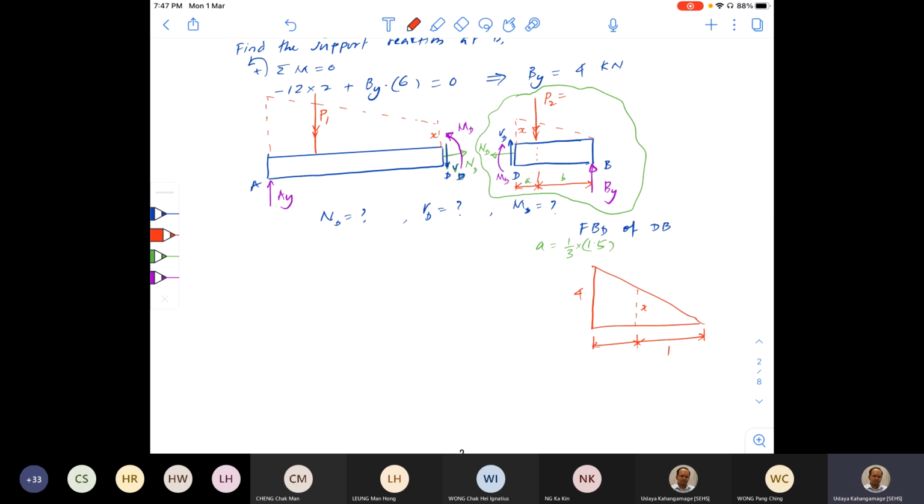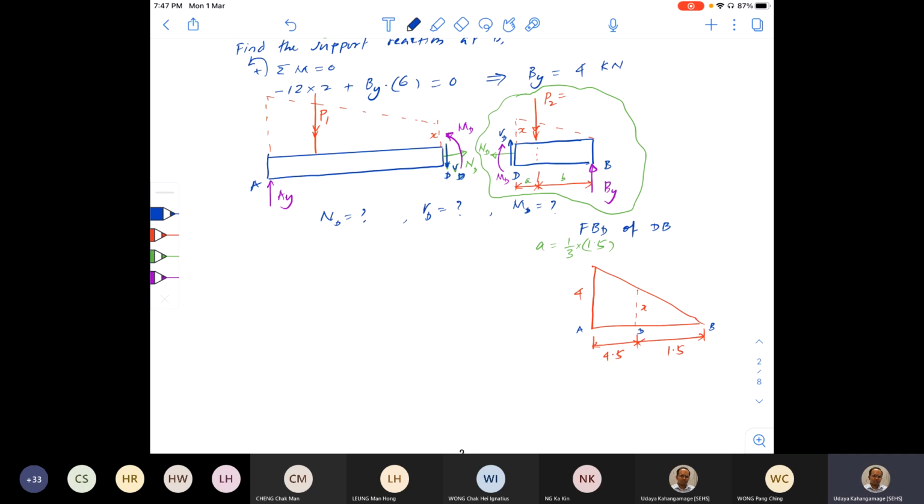This one is 1.5 and this is 4.5. My proportions are not correct, but you see the point, right? What I did, I just drew the triangular distribution from A to D to B, ADB.